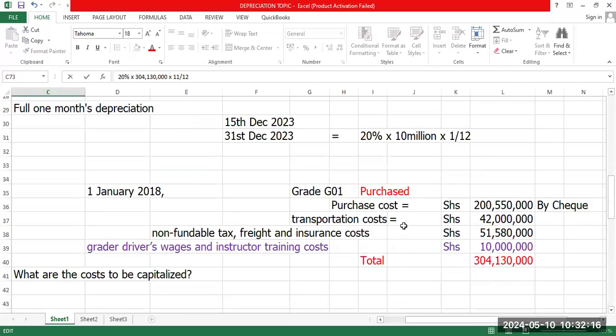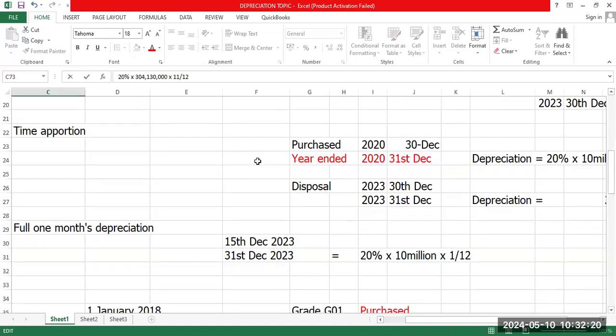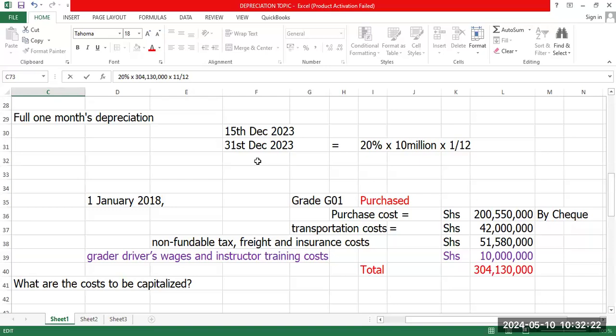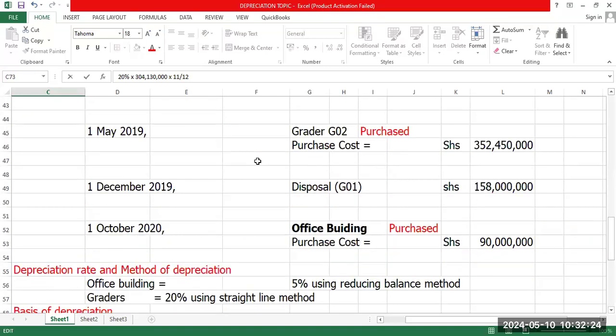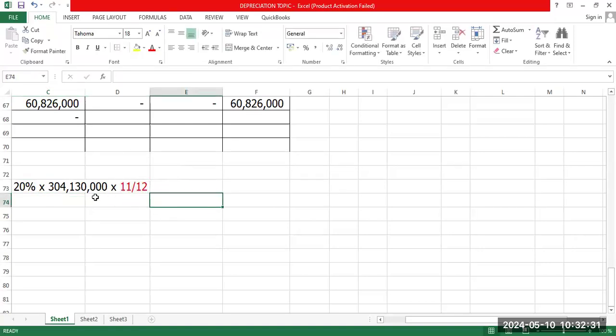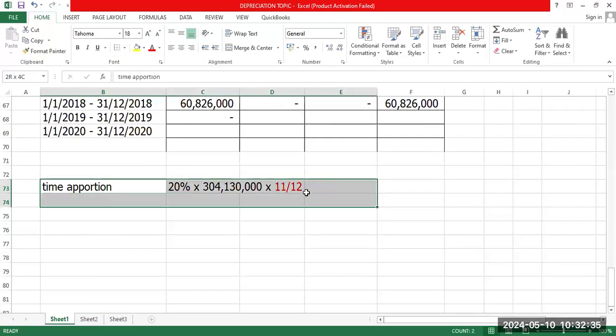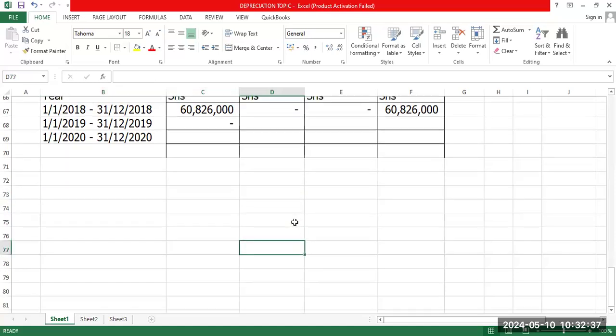Unless the date is in the middle of the month, then use actual days, don't use months. That is if you're using time apportionment, but here we are not dealing with time apportionment. Okay, let's continue.